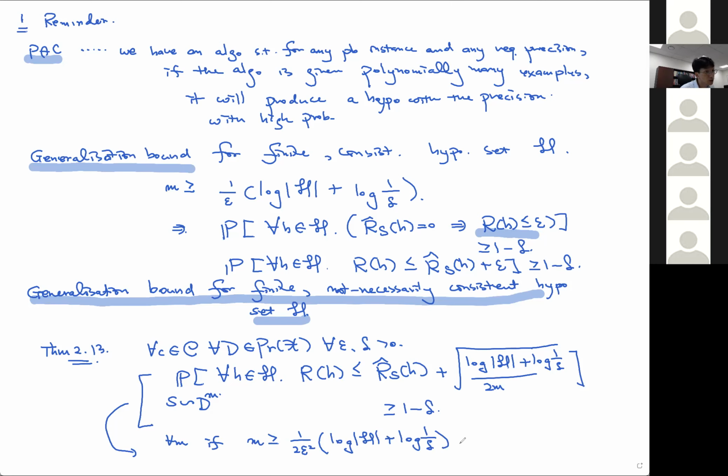If that is the case, then we have the probability that for h in H, R of h is bounded by R hat of h plus epsilon is greater than or equal to 1 minus delta. Okay? These two are equivalent statements.